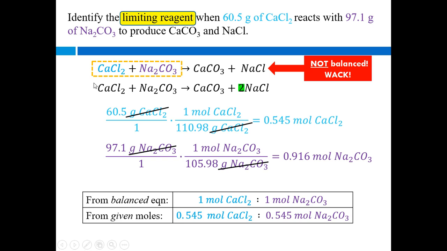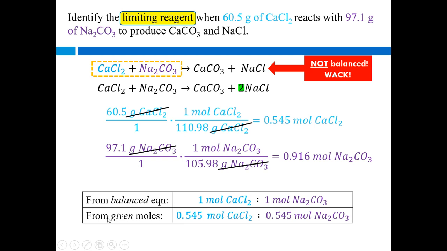If you look at the balanced reaction, there is no coefficient in front of calcium chloride, and there's also no coefficient in front of sodium carbonate, so we can assume that both of these coefficients are 1. That's where the statement on my screen comes from, where my cursor is on the bottom. It says from the balanced equation, the ratio between calcium chloride and sodium carbonate is just 1-to-1.